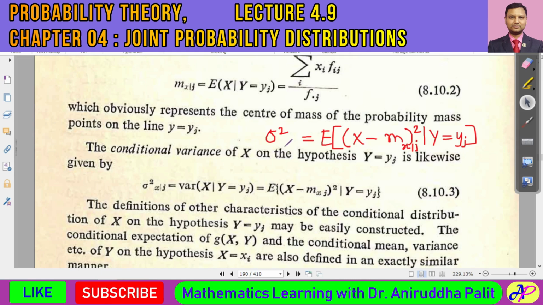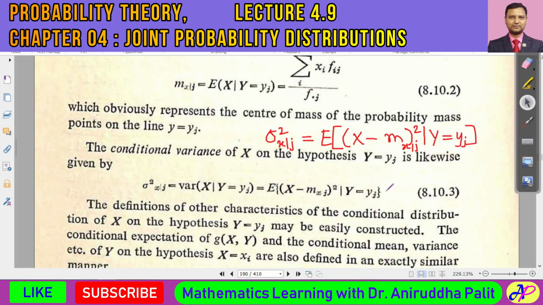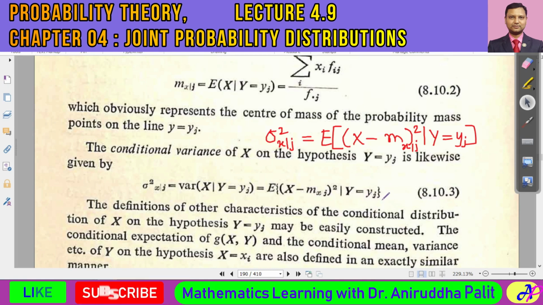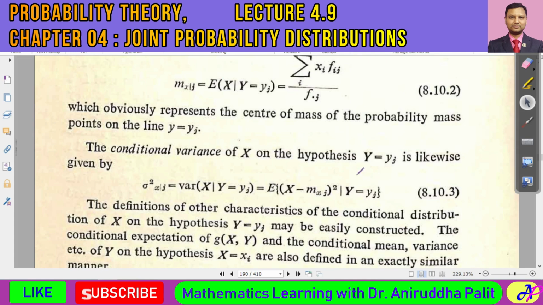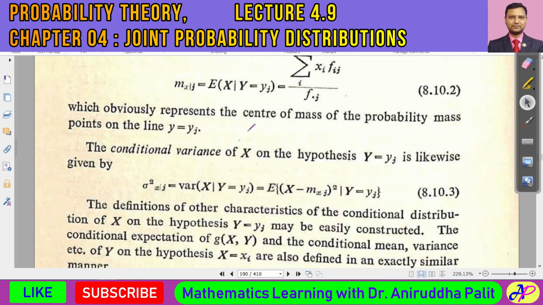That would be the conditional variance, and that's why this is also written as sigma square suffix x given j. So this would be the variance of the conditional distribution of x given y is equal to yj. Similarly, we can also define the variance in the conditional distribution of y.